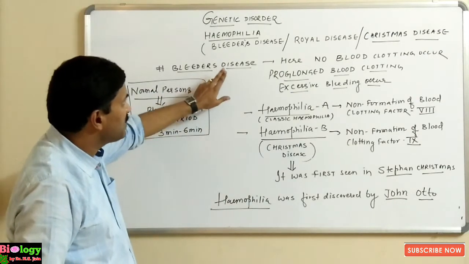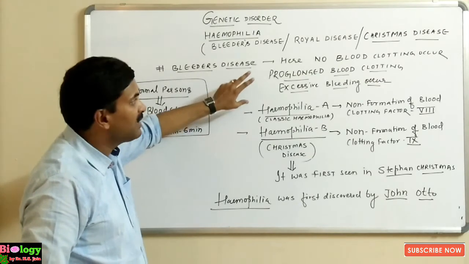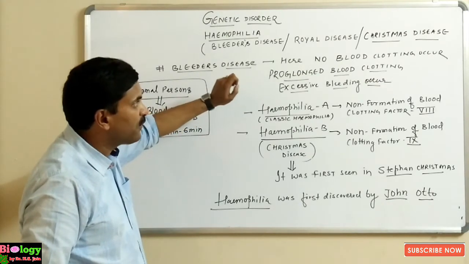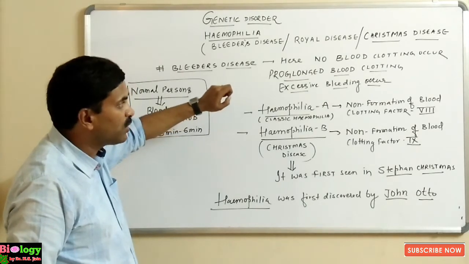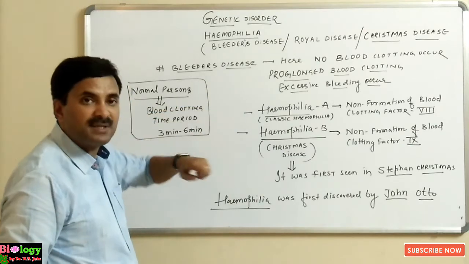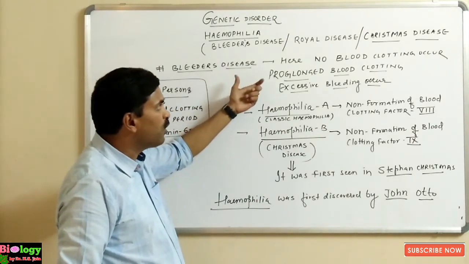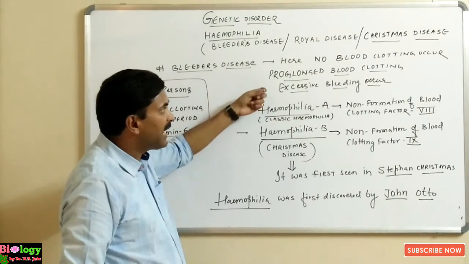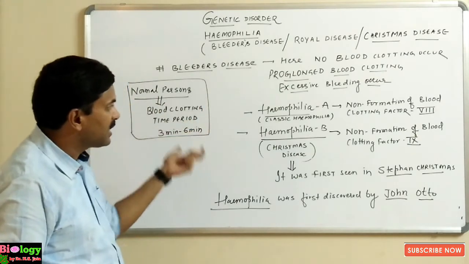So again I am repeating: hemophilia is called bleeder's disease because there is a lack of some blood clotting factors, especially the 8th and 9th, which are absent in these patients, due to which blood clotting doesn't occur, or if it occurs, it is prolonged, and excessive bleeding occurs, due to which sometimes the death of the person can occur.